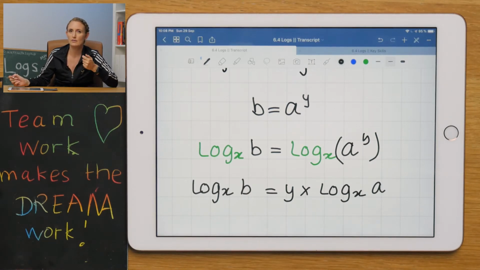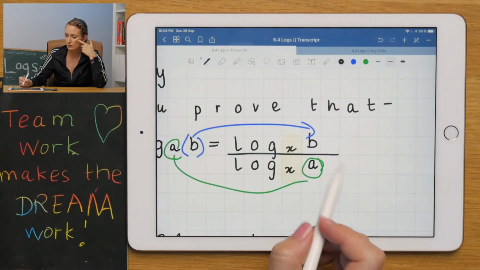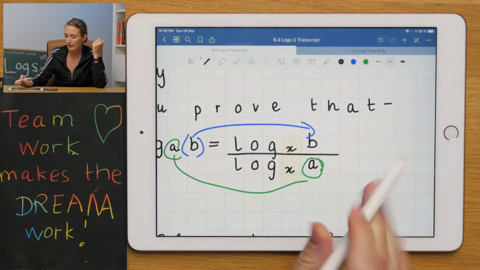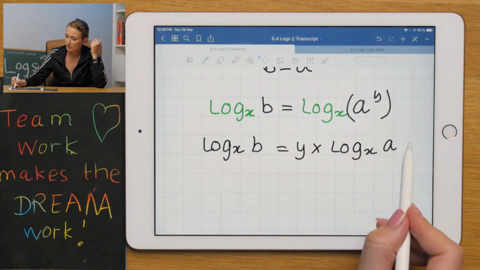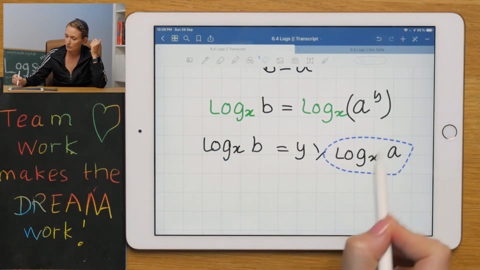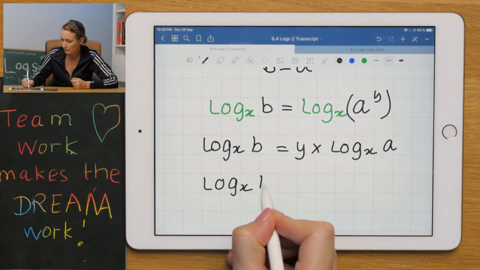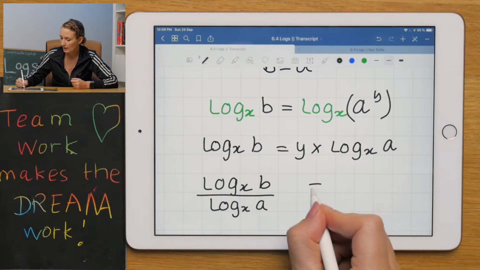Sometimes it's a bit of a cheeky good move to look at what the answer should be, so you know you need to get there. So I want log x b divided by log x a. So how can I achieve that? Okay, I can move this multiply over here to a divide. So on the next line, log x b divided by log x a equals y.